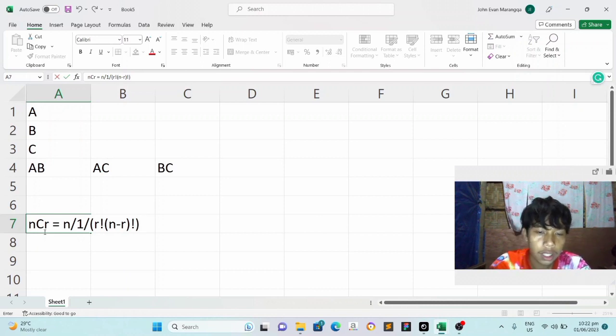Here n represents the number of distinct objects or elements available, in this case A, B, and C, and r represents the number of items to be selected.